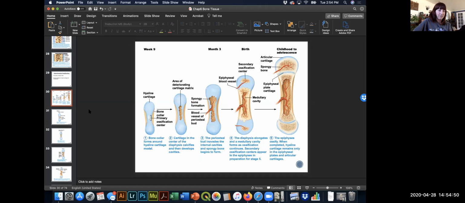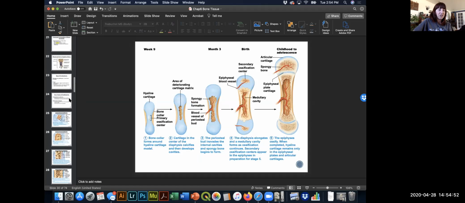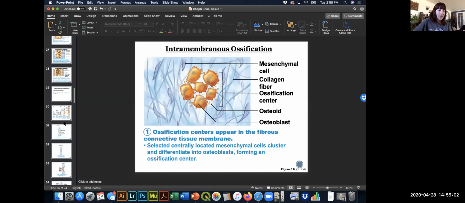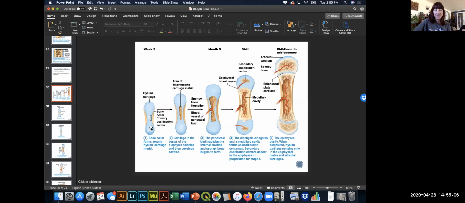So you have intramembranous ossification happening in the flat bones of the fetus or the embryo, and you have endochondral ossification happening in the long bones of the fetus or embryo. There are just two different processes that lead you to the same thing.